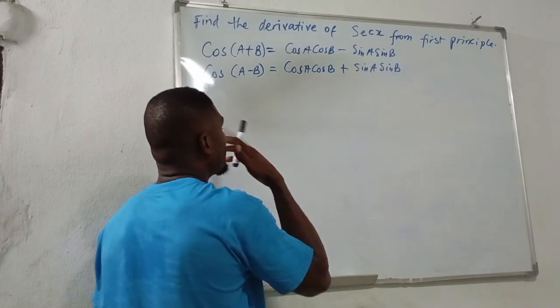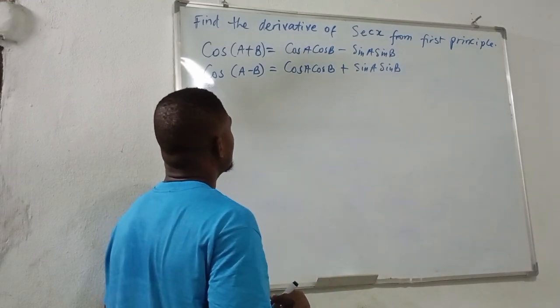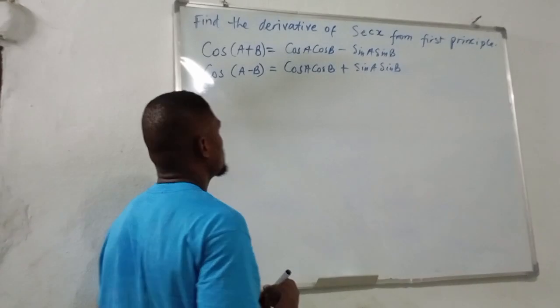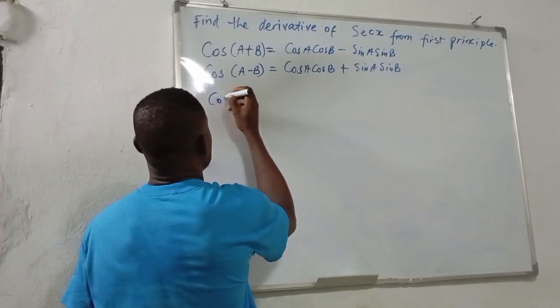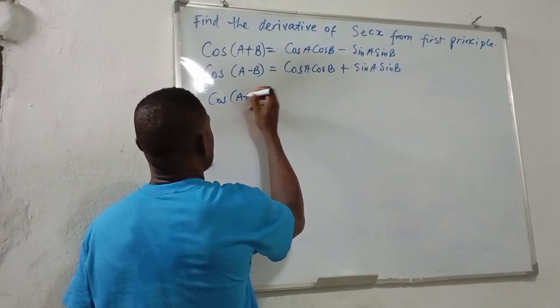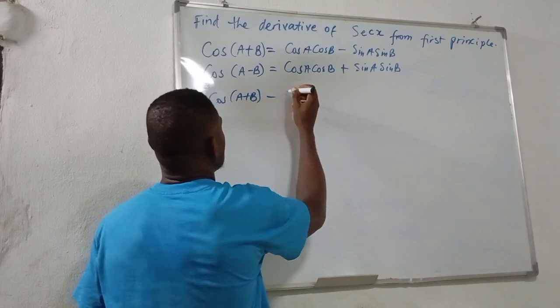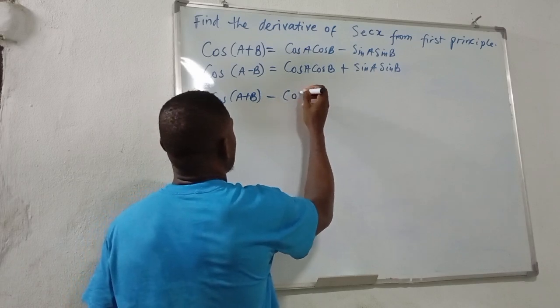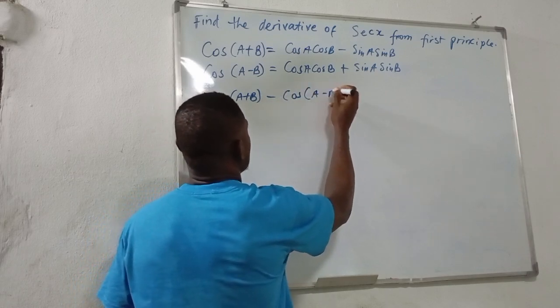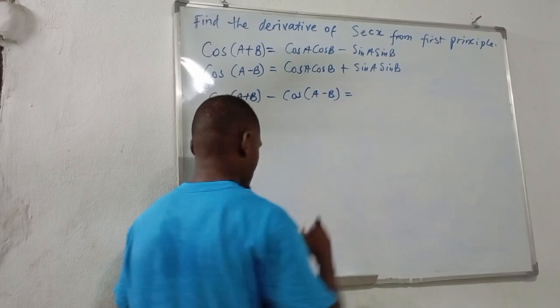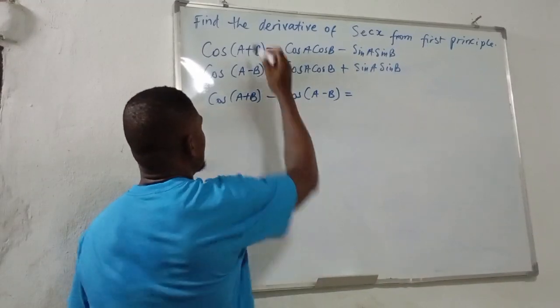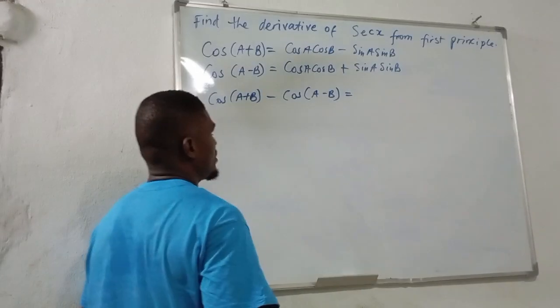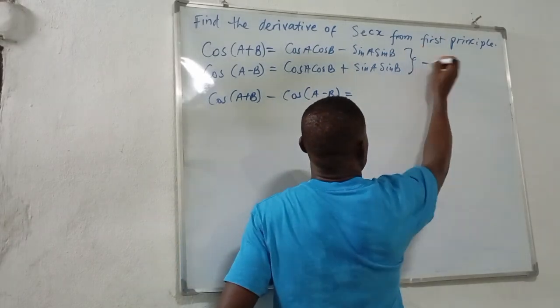And then we're going to subtract these equations. We subtract cos(A plus B) from cos(A minus B).